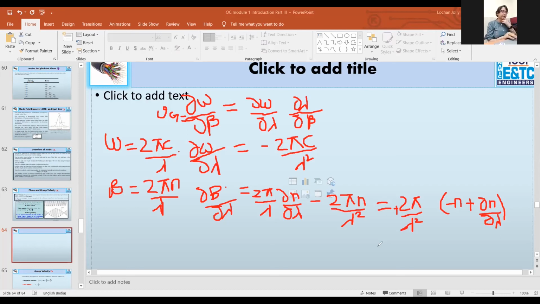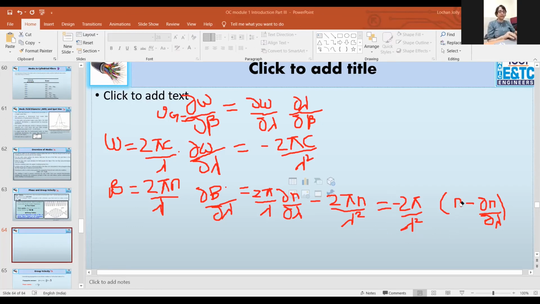Is it correct? नहीं, minus sign है ना ऊपर. I'm just correcting it. I'll keep the minus sign because there's a minus sign already there. So that will help me. I'm just keeping it like this. This is a minus sign.